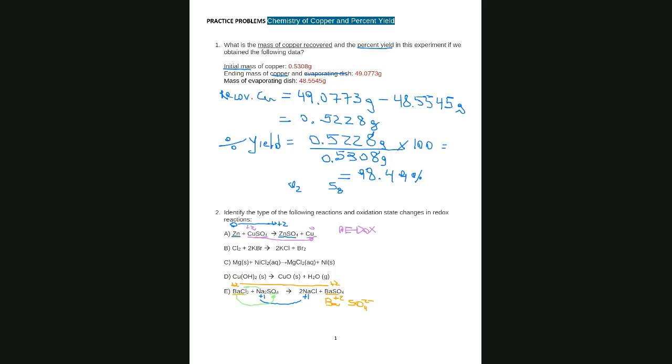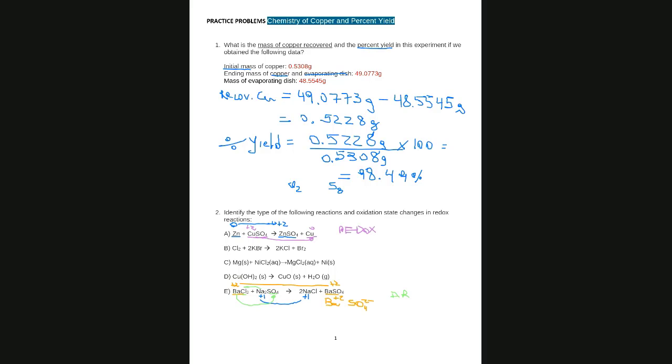The positive ions switch places and get new negative ions to form a new compound. Very good. So two ways of looking at that: no change in the oxidation state, and this one is a double replacement. Very good. How about reaction B? Take a look at reaction B and tell me what kind of reaction that is.